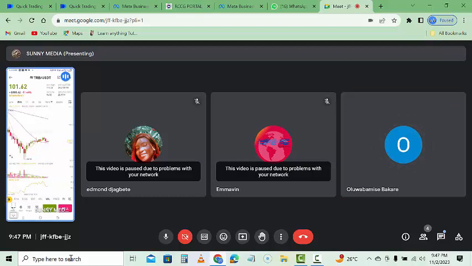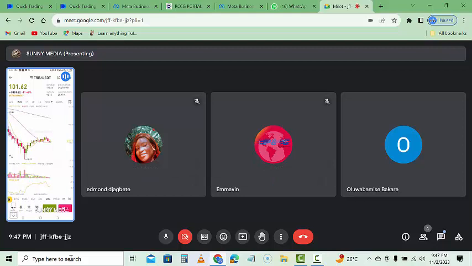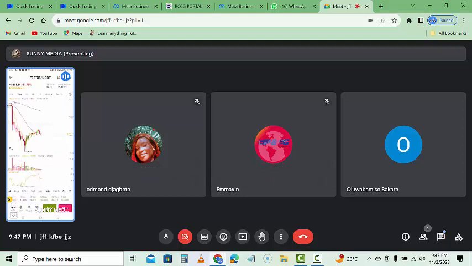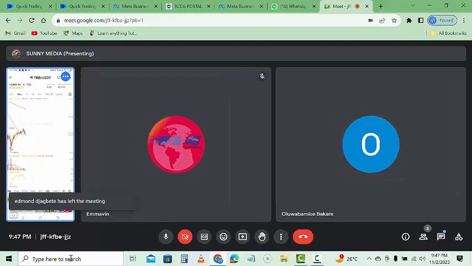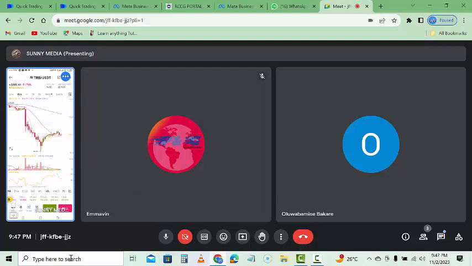So based on the EMA concept I talk about, now this 3RB broke above the moving average and is respecting it as support. So for those who want to trade this 3RB, it should be limit orders at 101,000. But I'm not trading it. I'm just giving you guys an example of how to trade the EMA, the moving average.